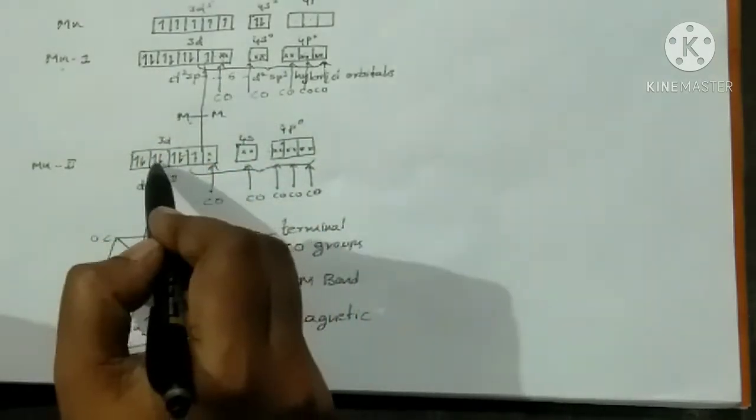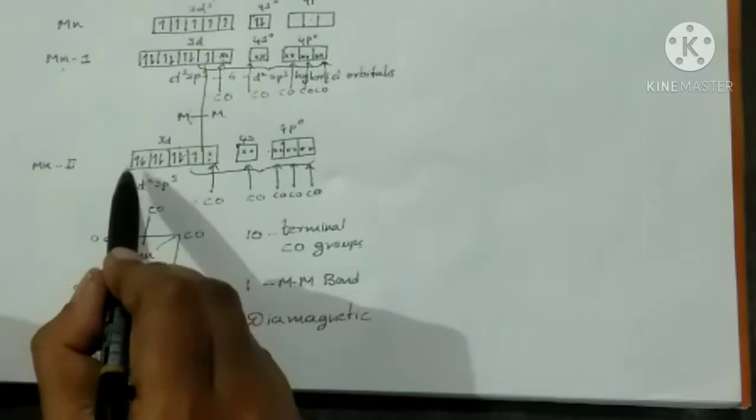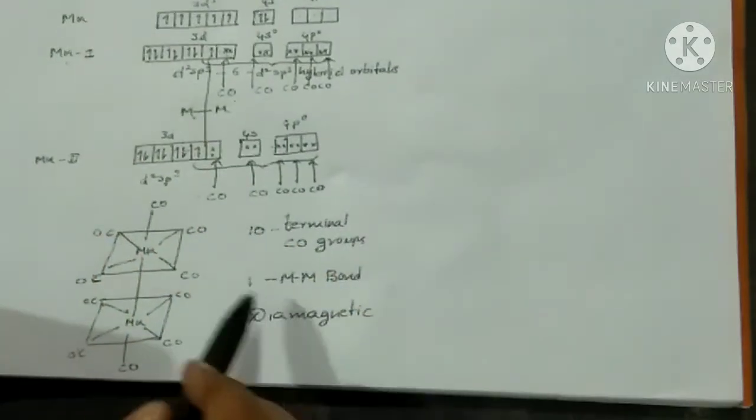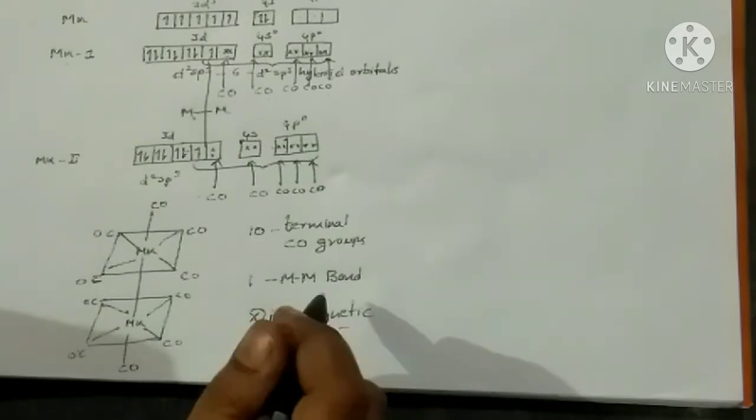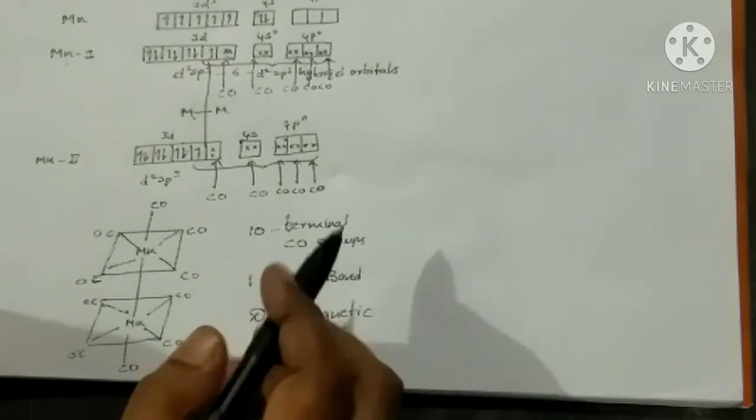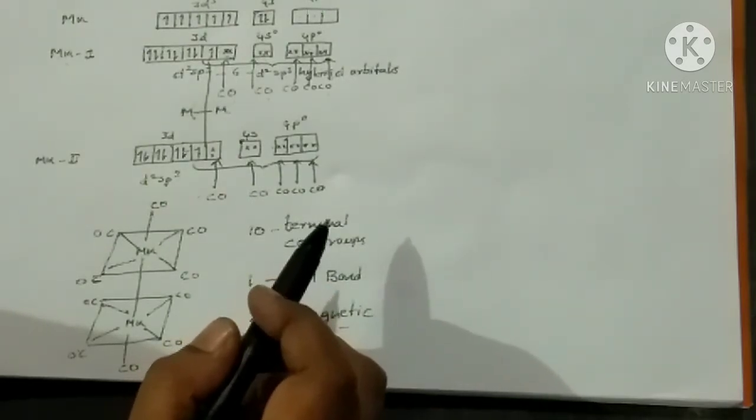So we can see no unpaired electrons in this dimanganese decacarbonyl, so the metal carbonyl shows a diamagnetic structure. This is all about the structure and shape of dimanganese decacarbonyl.